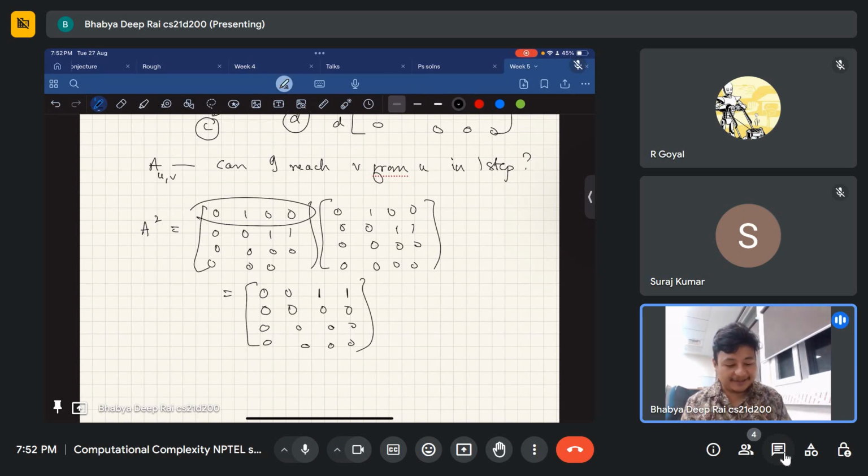Again, let's label them as A, B, C, D. Now let's make it into a graph. A goes to C, and A goes to D. This is the new graph.